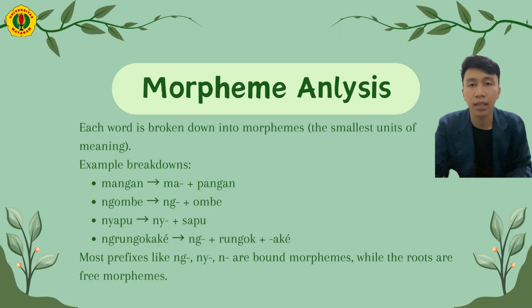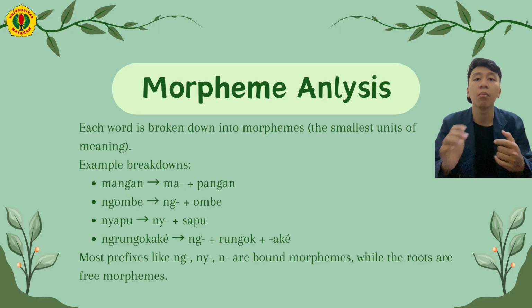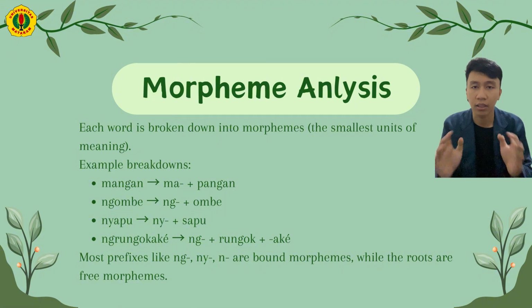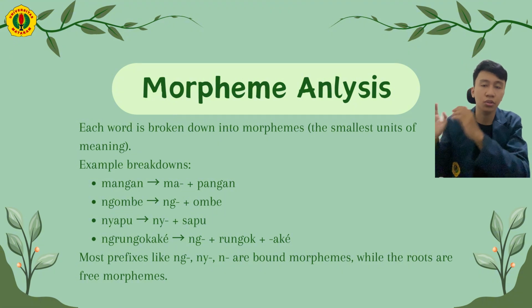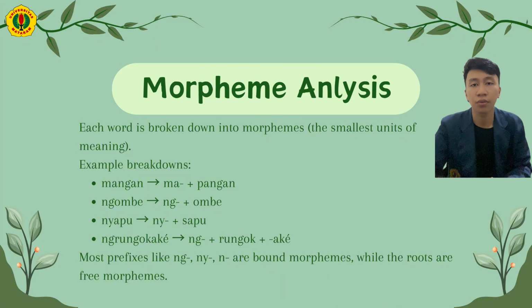In these examples, the prefixes like ma, ng, ny, and the suffix ake are bound morphemes, meaning they cannot stand alone. They must attach to base words or roots such as pangan, ombe, or rungok, which are free morphemes because they have meaning on their own.